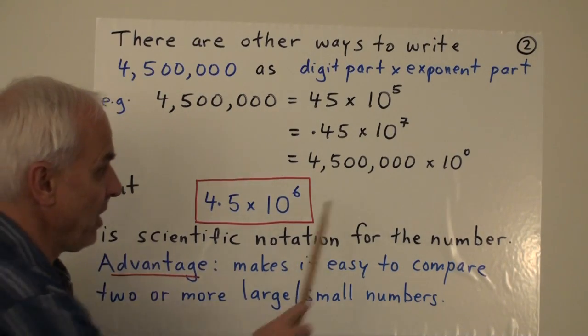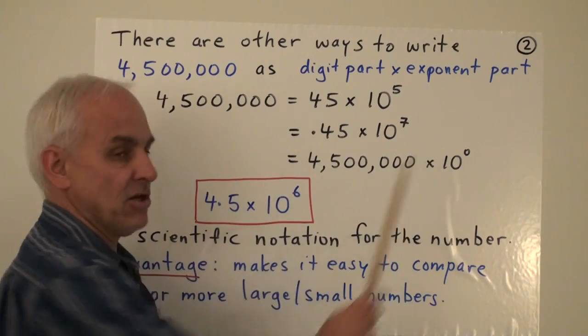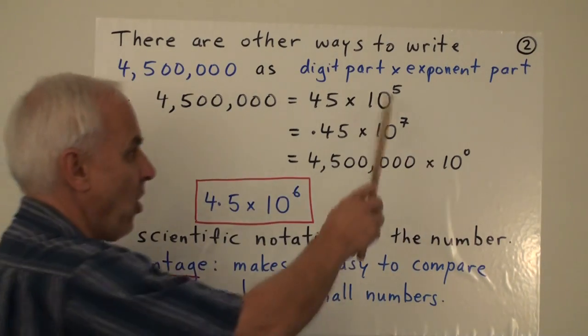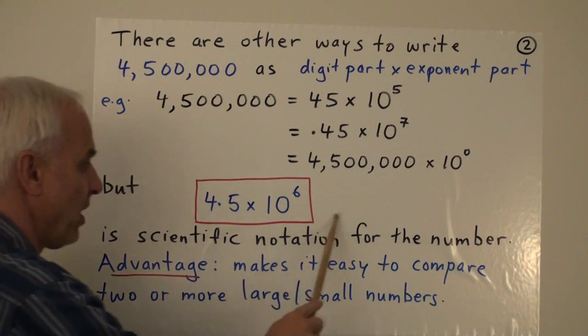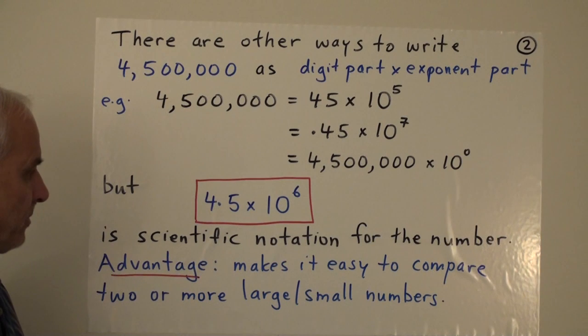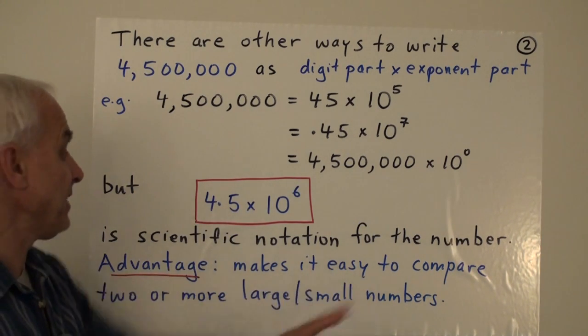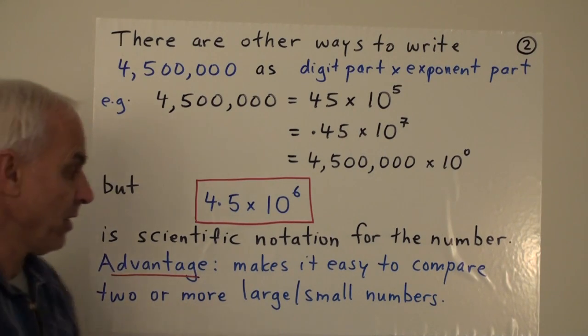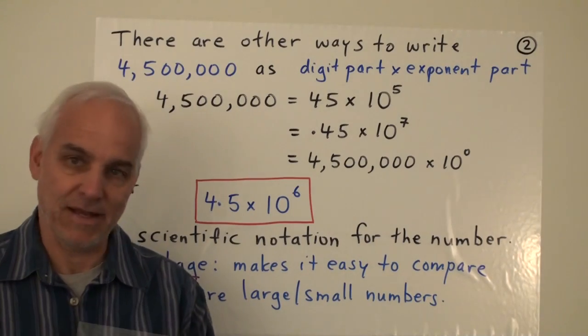And here there are 1, 2, 3, 4, 5, 6, 7 digits. So these are all not scientific notation for this number. This one is scientific notation for this number. Having this standard form makes it easy to compare two or more very large or very small numbers. And we'll see some examples of that later on.